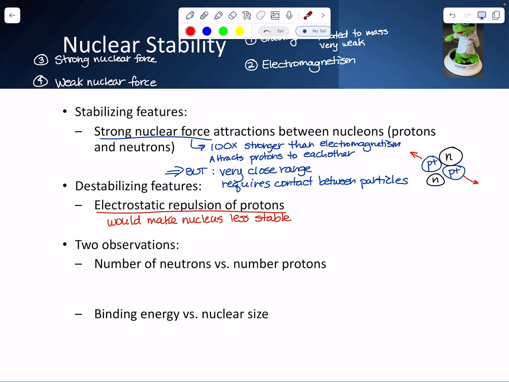With less contact, the stabilizing effect of the strong nuclear force gets weaker because there are fewer contacts, and eventually electrostatic repulsion is going to win out.